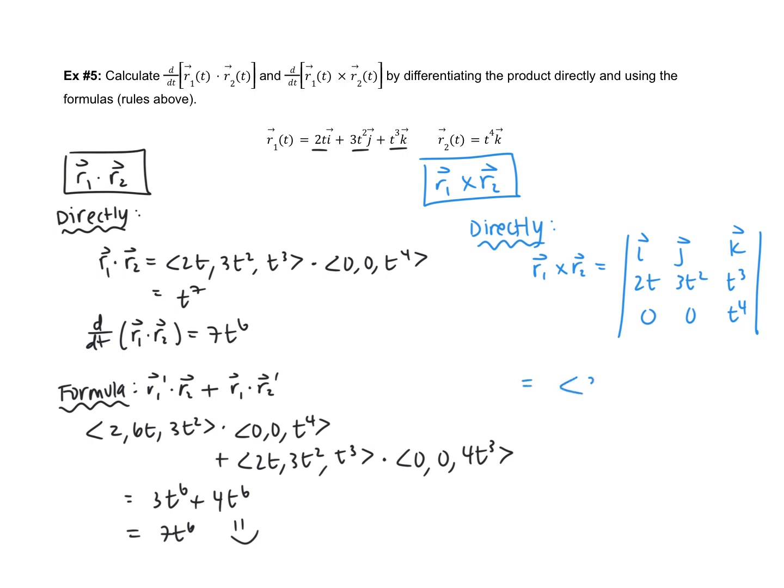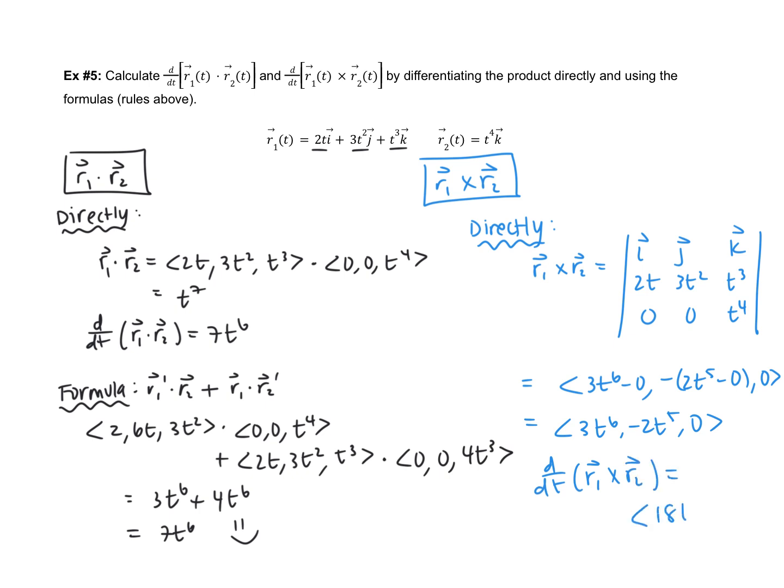So this is going to give us 3t to the sixth subtract 0, and then negative 2t to the fifth subtract 0, and then 0. So that simplifies to 3t to the 6th, negative 2t to the 5th, 0. And so now if I take the derivative of that, I'm going to get 18t to the 5th, negative 10t to the 4th, and 0. So that was directly. And now we're going to look at using the formula.